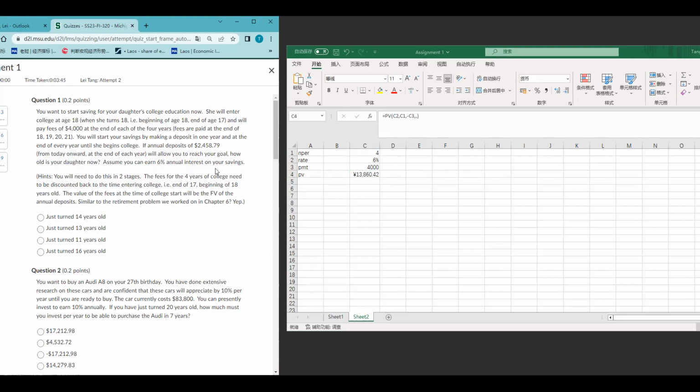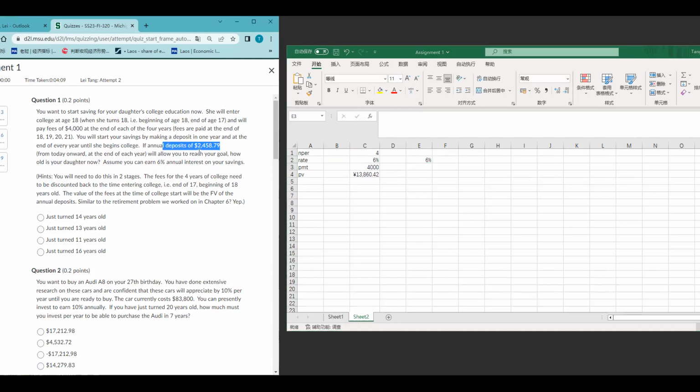Which means how many years we're going to save to finish the goal. So first thing, same rate, 6%, and the PMT is right here.